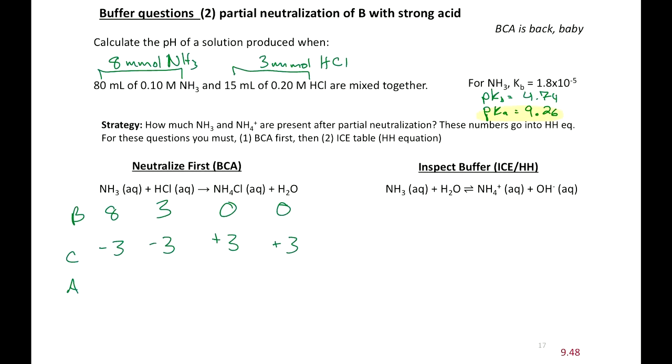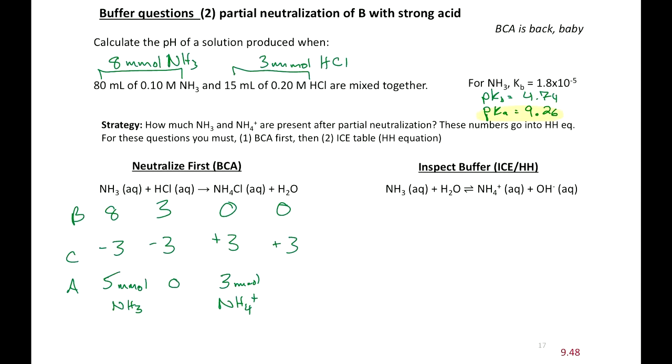So we add up all of those columns, and after this partial neutralization, I have 5 millimoles of ammonia present. I have 0 HCl, but then I have 3 millimoles of ammonium. So if I have large amounts of the base and the conjugate acid, that's a buffer. So we plug those numbers into the Henderson-Hasselbalch equation.